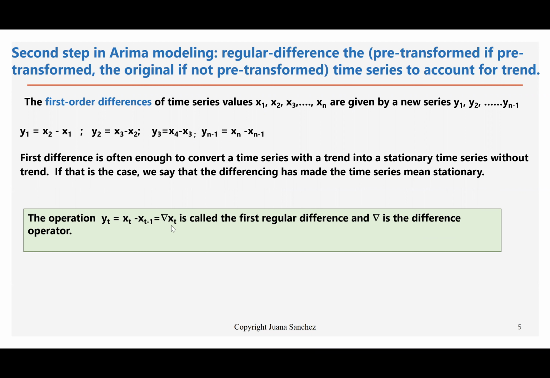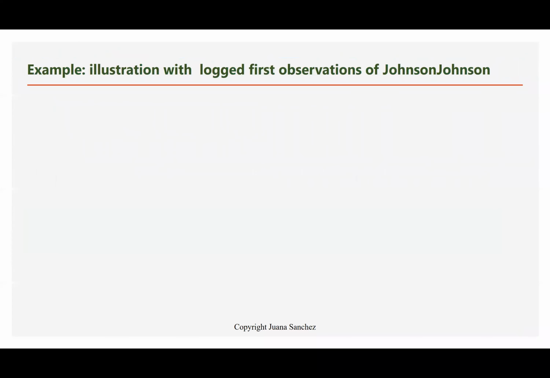And we write it like this: a difference operator applied to xt converts the xt into the change in xt, and we call the change something else. You don't want to keep the same names for variables that have been transformed, because then it's very hard to keep track of what has been done. You have to be a good record keeper, because all these steps that we do need to be reversed afterwards, okay? So let's illustrate that with the logged first observations of the Johnson-Johnson time series.